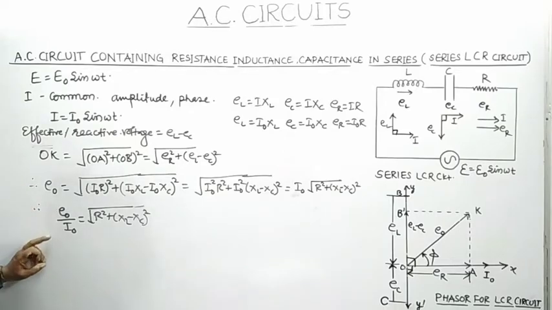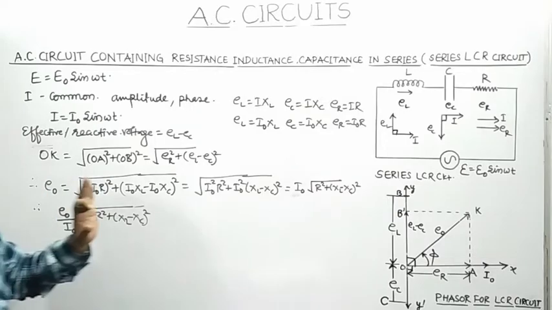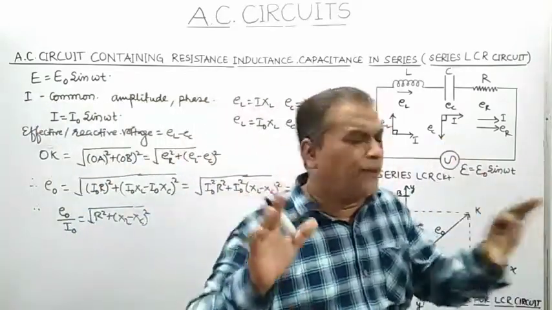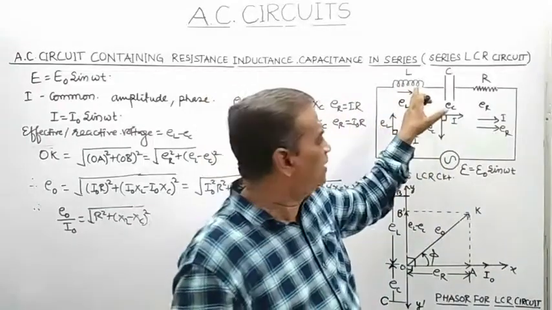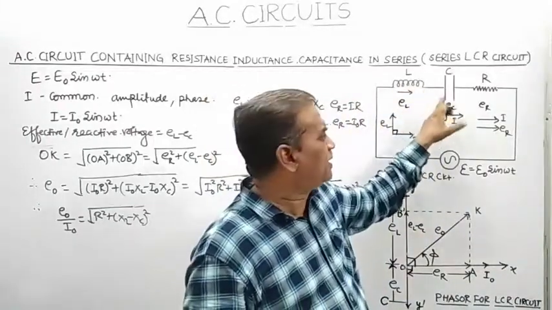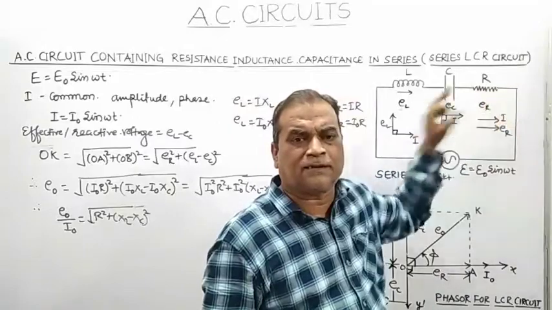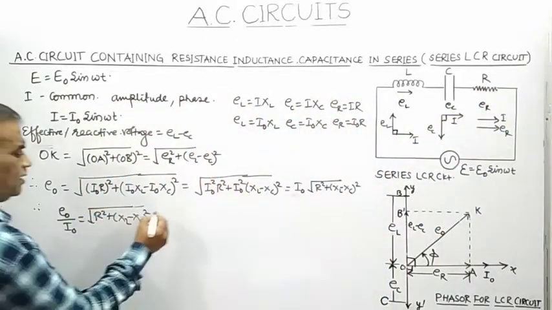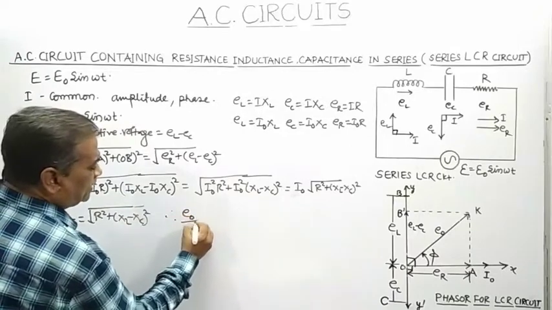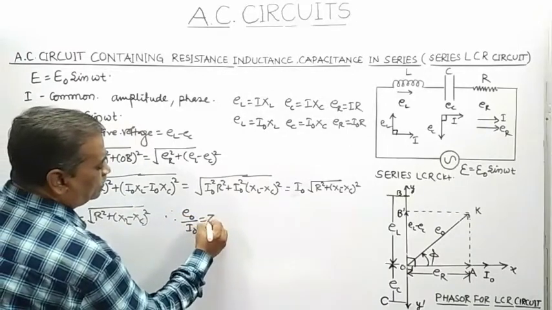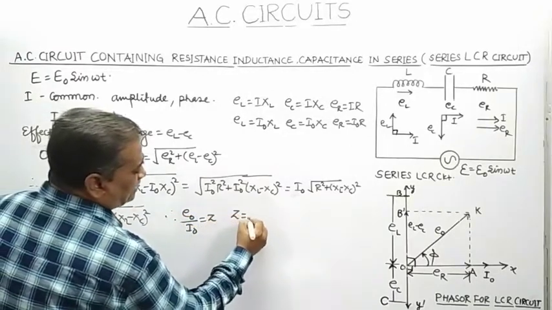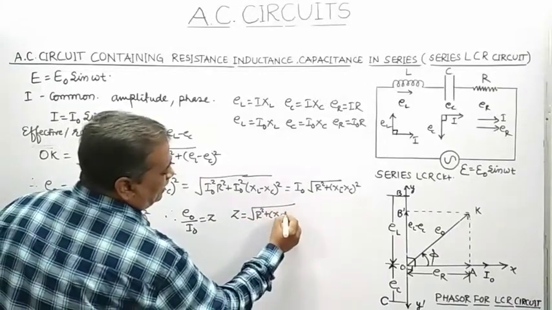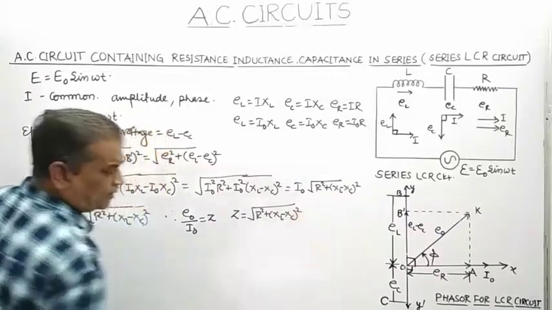Here E0 upon I0, it must represent the total opposition or the effective resistance offered by series combination of inductor, capacitor and resistance to the flow of alternating current through it, and that is called as impedance. Therefore, E0 upon I0 equal to Z, and that Z is equal to under root of R square plus XL minus XC whole square.